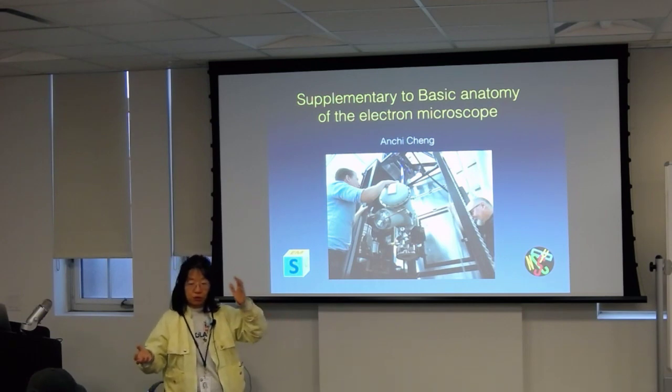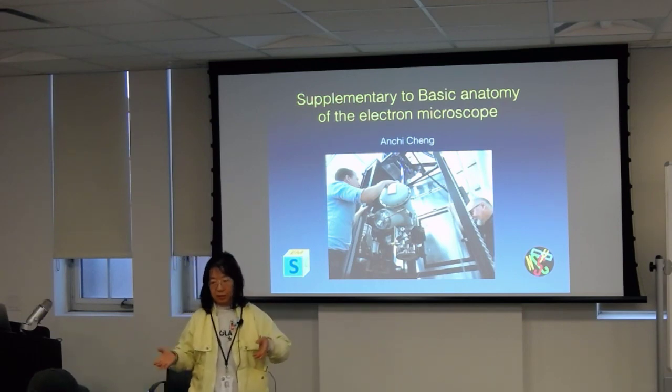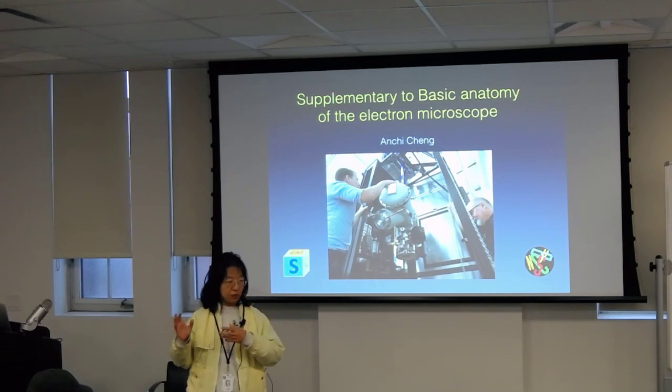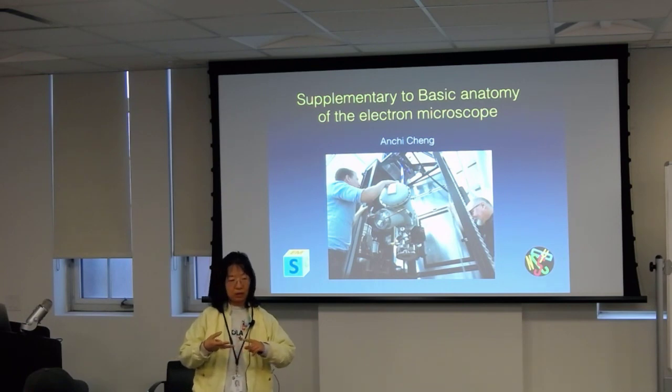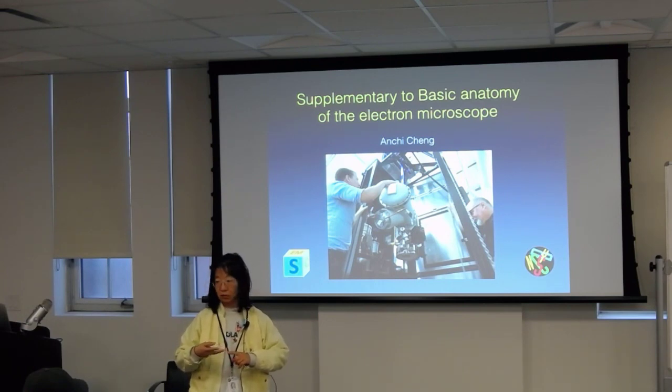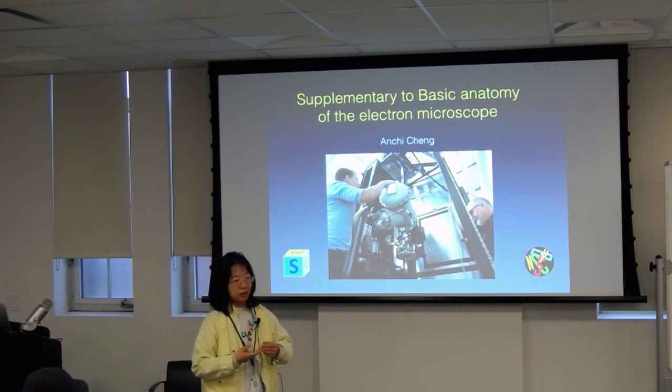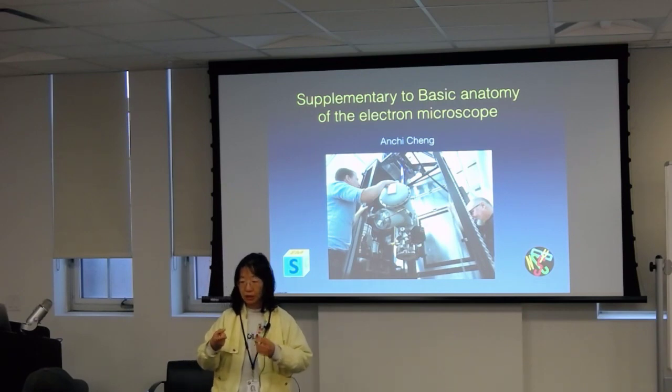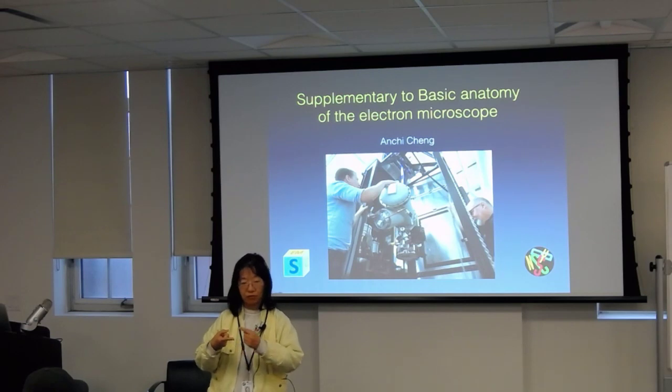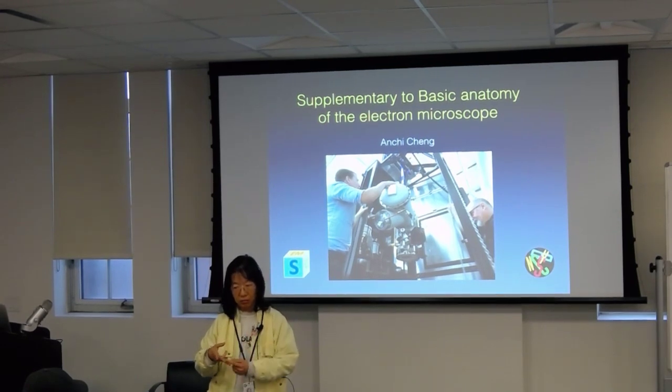Now, before we were streaming live, I already asked a few of you what did you find out about your facility? What kind of microscope does it have or is it going to have, what kind of gun, what kind of filament, what kind of source, what's the high tension, what kind of camera does it have?